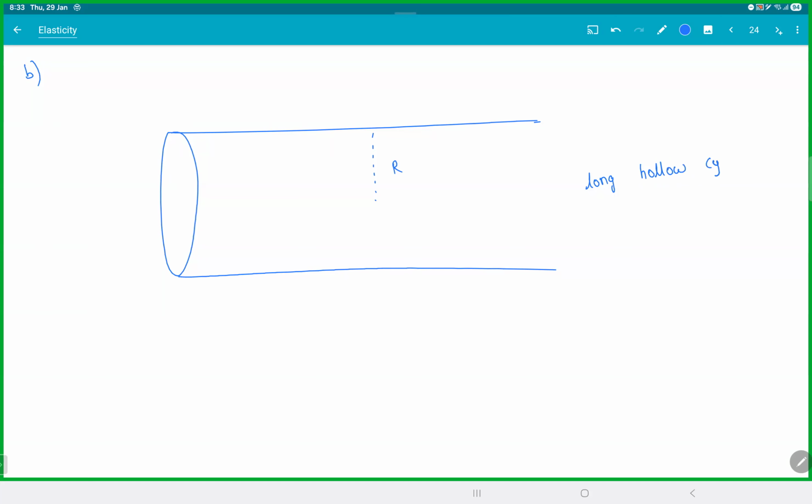Long hollow cylinder with a very small thickness t. R is much greater than t.